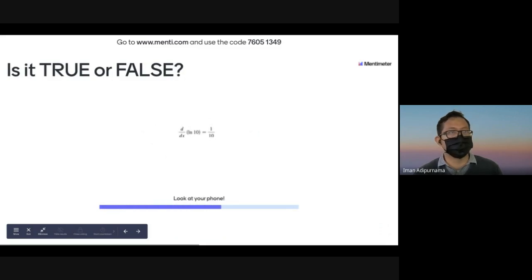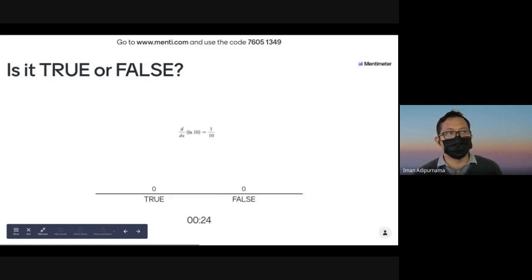This is just to see whether it is true or false. So d/dx ln 10, and then it's 1/10. It's too small here, so I think if you are using your phone, it would be bigger. The time is short, I'm just giving 30 seconds.